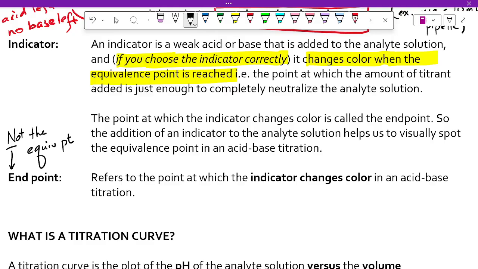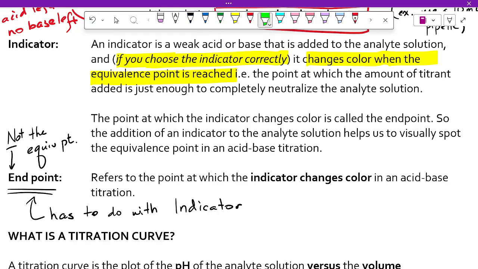Anyone remember what an end point is? End point has to do with the indicator. And if you have trouble remembering that, end sounds kind of like end. Yeah? So endpoint has to do with the indicator.